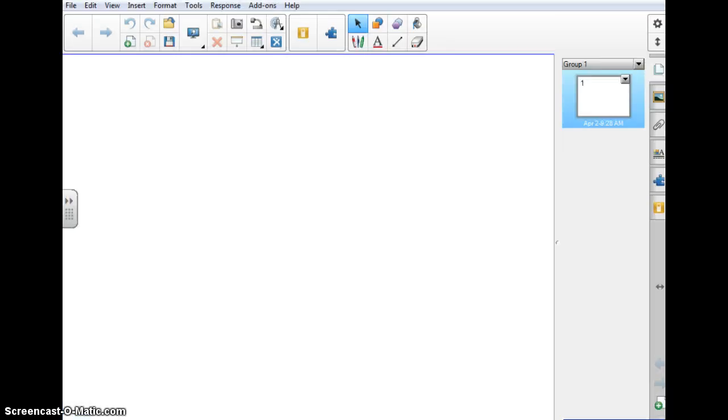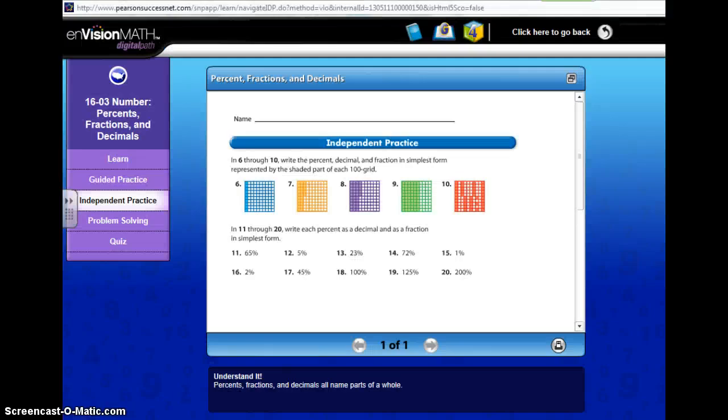Okay, I'm going to push pause. I'd like you to open up your textbook to page 400, and you can share that picture with the person sitting next to you. Picture number 6 is a shaded blue grid. Here's what I want you to do on your blank iPad screen. I would like you to write me the shaded portion of picture number 6 as a decimal, as a fraction, simplified, and as a percent.